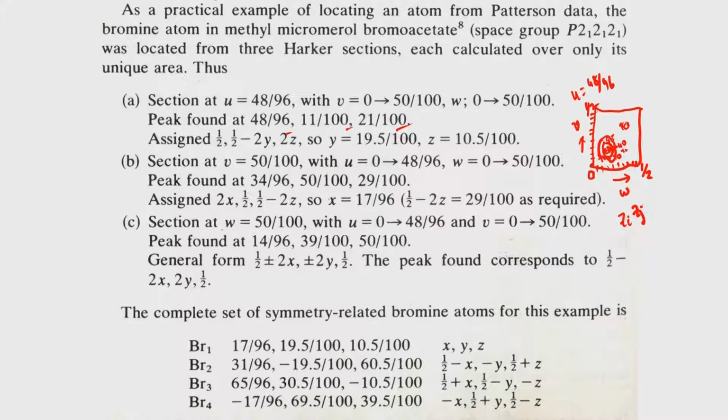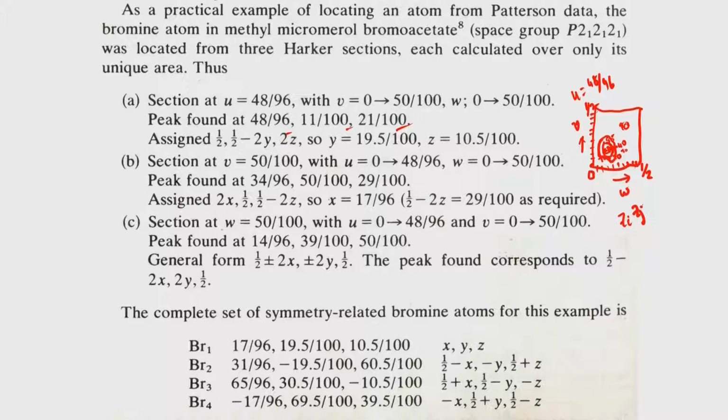You mark 0.1, 0.01, 0.02, 0.03 and so on. At every point you calculate the Patterson value, and that is proportional to ZiZj. So that value you put here, and then you draw the contours depending upon the strength or the weight associated with that position as far as the peak is concerned. So you draw what are known as contours, and these contours will tell us the location of u, v and w, and that happens to be 11 by 100 and 21 by 100.